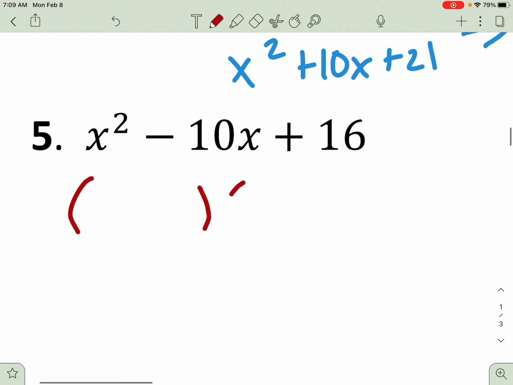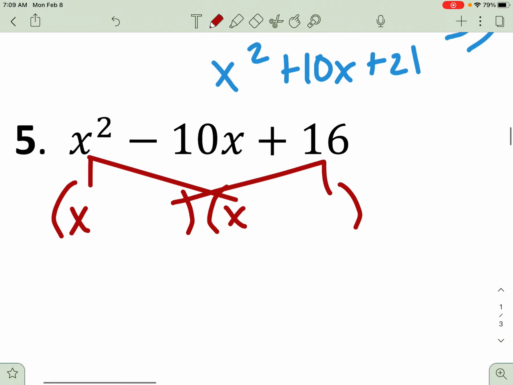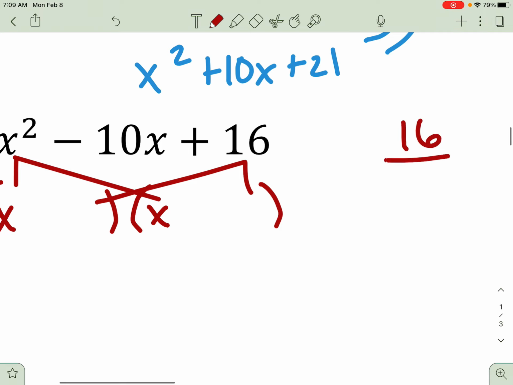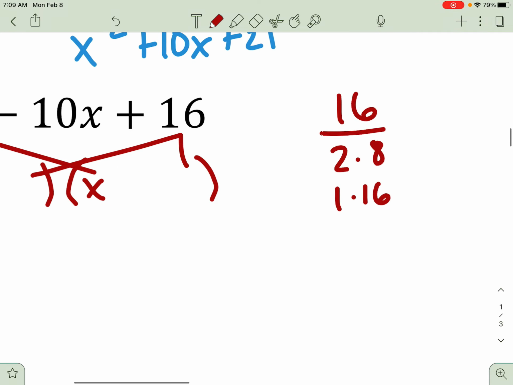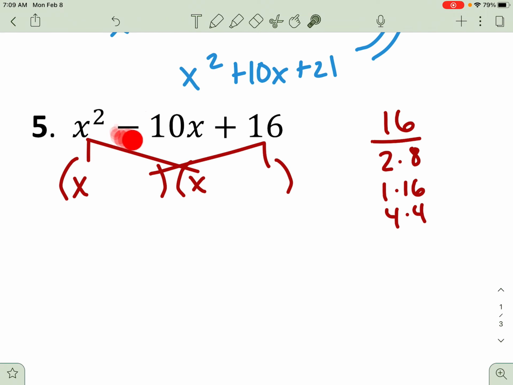So let's do another example like that. All right, so first thing, draw two parentheses because we know we're going to try and factor this into 2. Okay, x squared simplifies to x and x, right? And 16, okay, well the factors of 16 are 2 and 8, 1 and 16, 4 and 4.